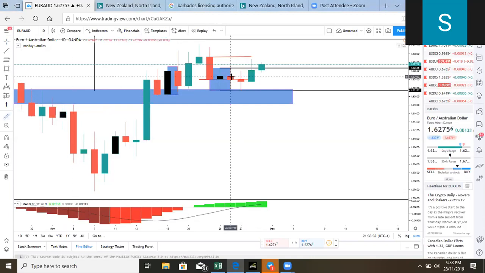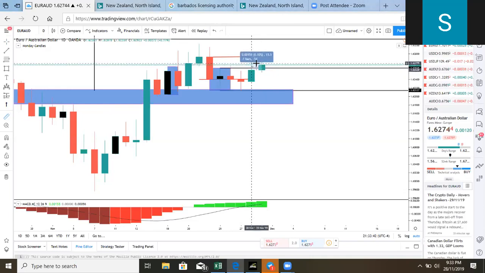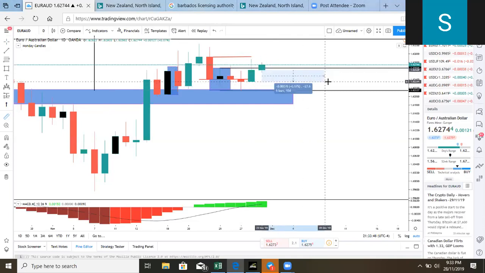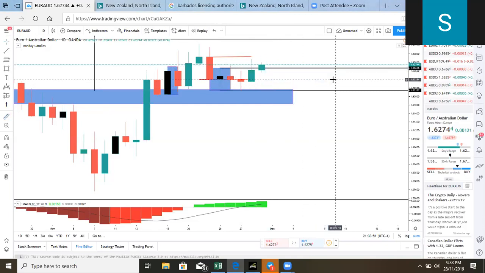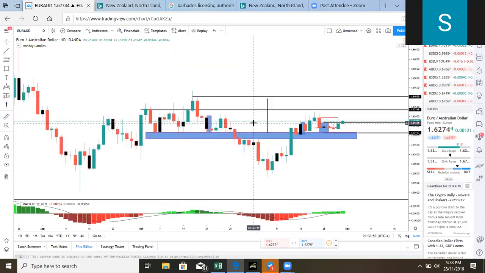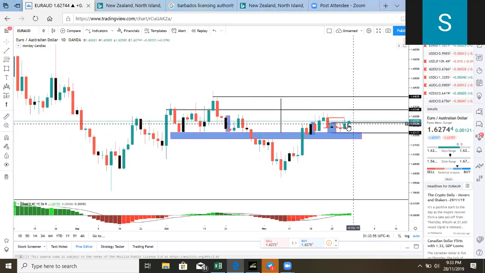Once you identify these things, you could have taken a chance and gone into the market. And right now, you could have been up about 13 pips to this level. I probably won't take that because then you still have to look at the pips.